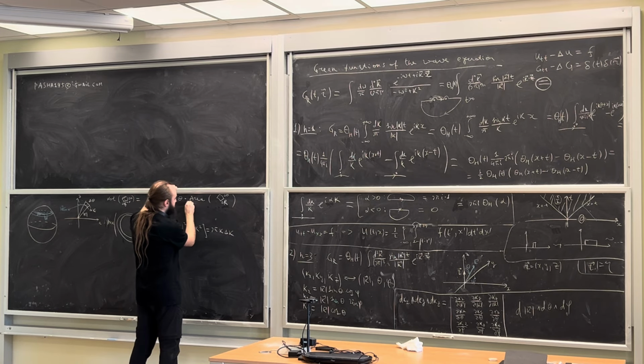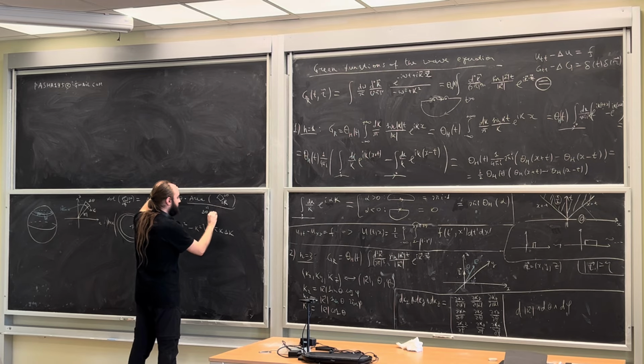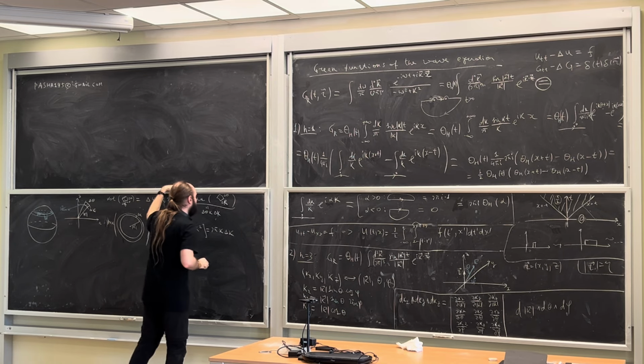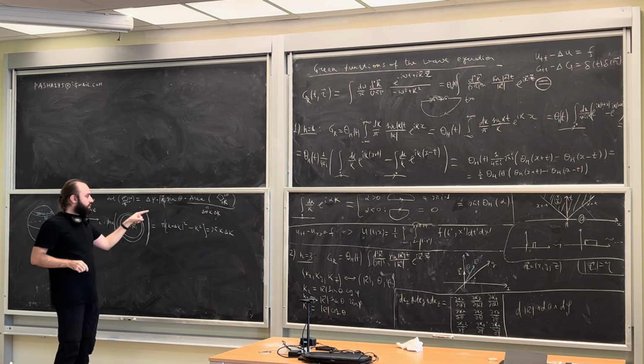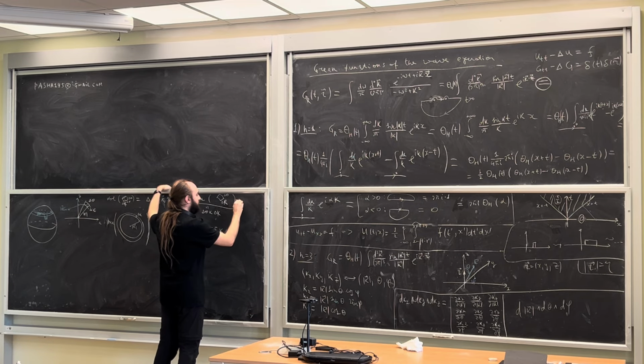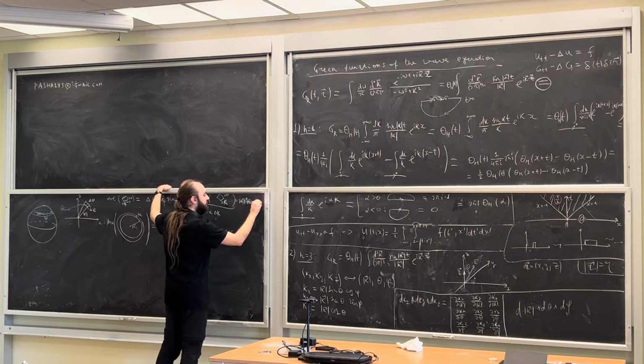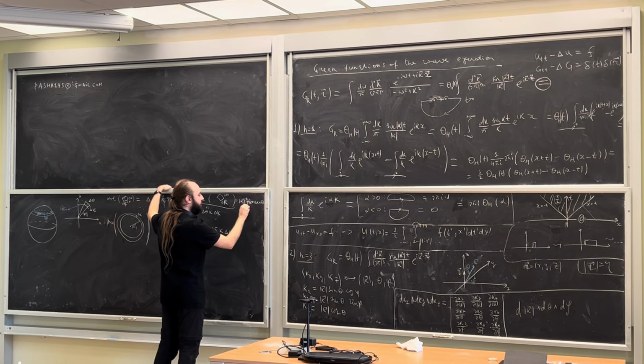So if you combine all this together, we get a total of k squared sine theta delta k delta theta times delta phi.